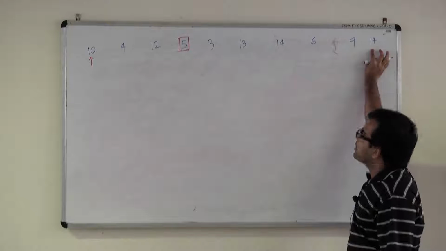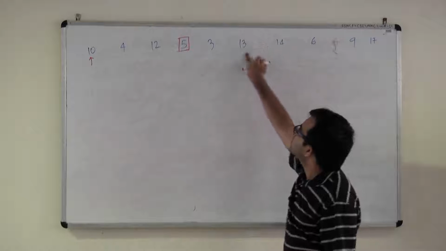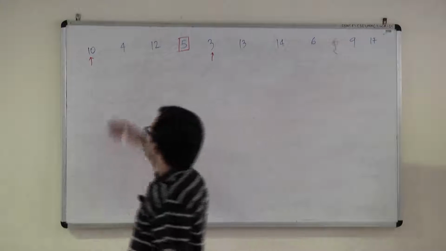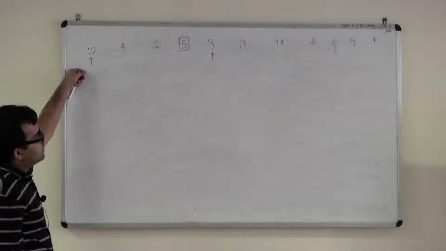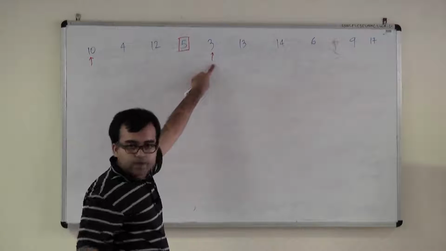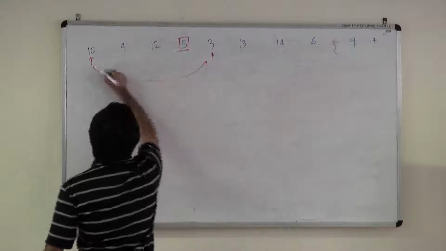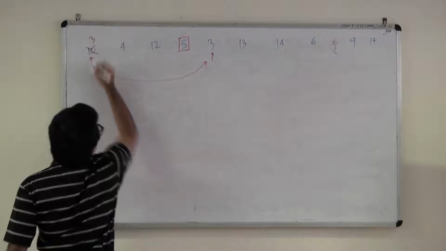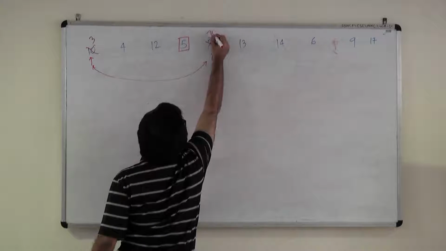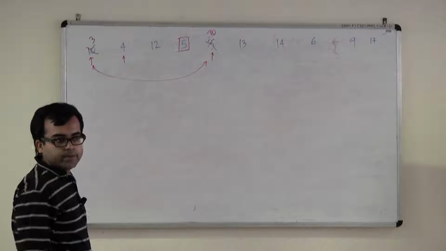So 17 is okay here, 9 is okay, 6 is okay, 14 is okay, 13 is okay, 3 is okay. So you have one number here that is to the left but larger, one number here that is to the right of 5 but smaller. What will you do? You just swap. So then this becomes 3, this becomes 10. Now just advance the pointer here, go to the next.